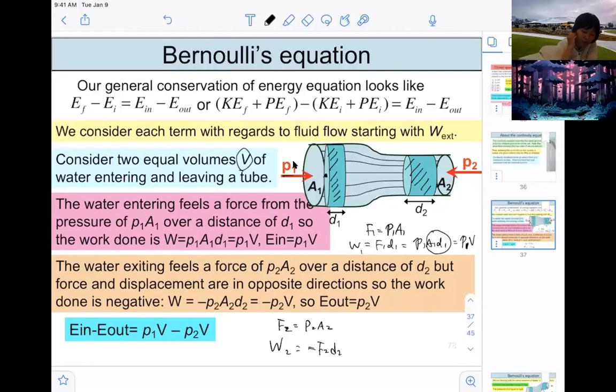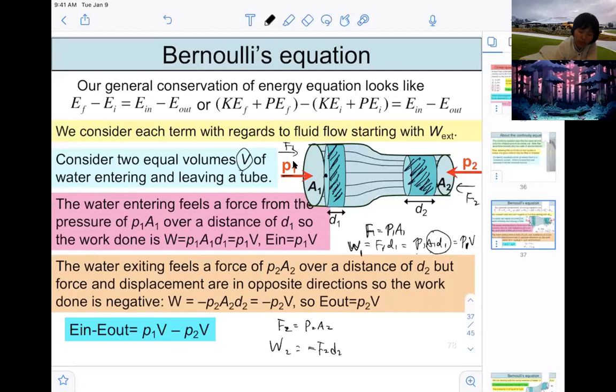Previously, what we did is write the force 1 here as P1 A1, right? It's like there's a force acting on this column of water. At the same time, there's a force from P2 pushing on this column of water. The work done by force 1 is F1 D1, which is P1 A1 D1.